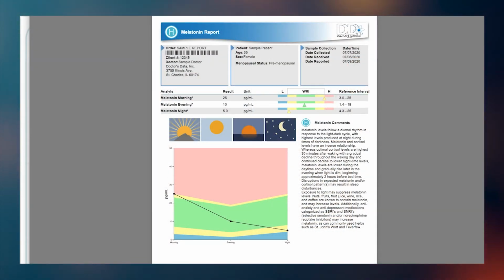Yeah. So this test, like I was saying earlier, is made up of 4 different saliva collections. The first one, the individual will take 30 minutes after they wake up. This is a great way to see what's going on in the morning, if their melatonin is coming down, how high it is when they wake up.